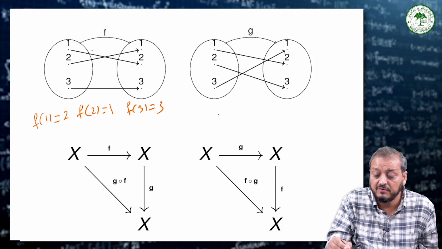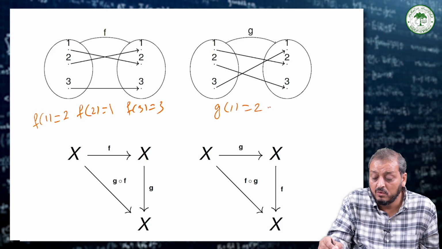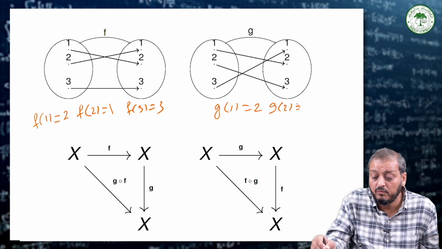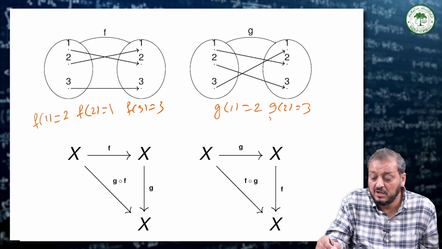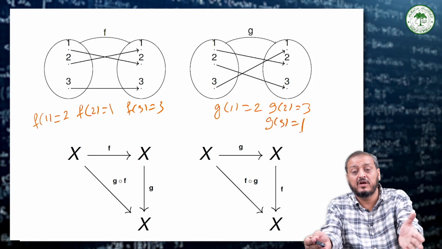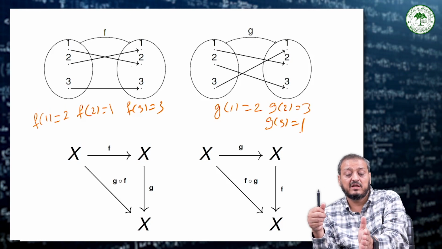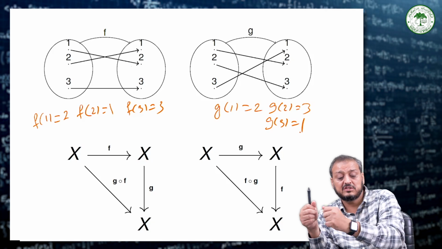This is bijective. And g of 1 is defined as 2, g of 2 as 3, and g of 3 as 1, which is again bijective. By the figure we can easily say that f is bijective and g is bijective.